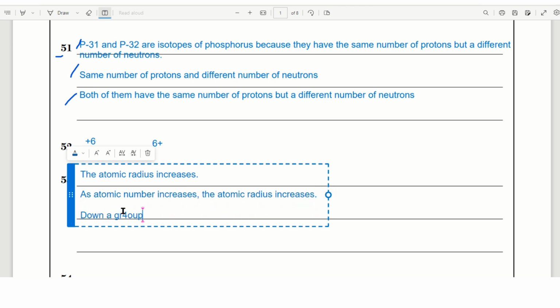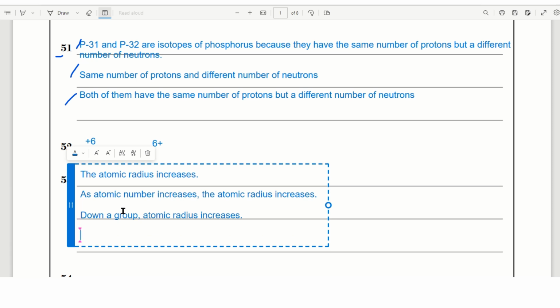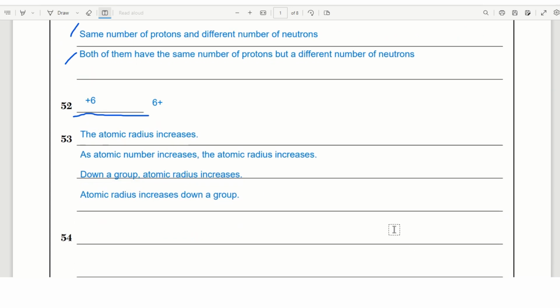Down a group, atomic radius increases. What else could you say? Atomic radius increases down a group, or something similar. Do I want you to write all 4 of those answers? Absolutely not. Pick one. This answer, or this answer, or this answer, or this answer, or something like that.